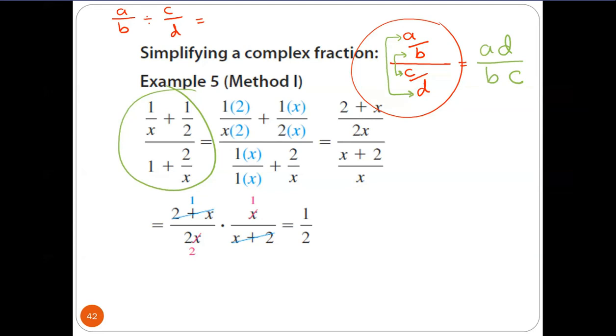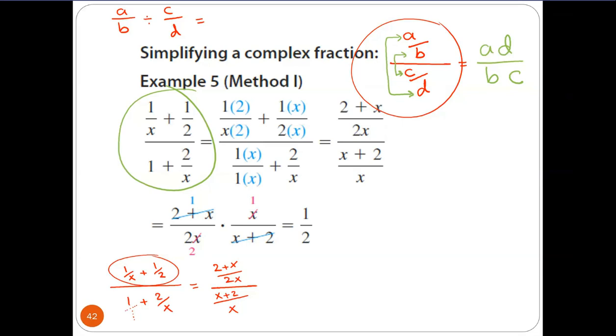If you have 1 over x plus half over 1 plus 2 over x, let's put it as a fraction over a fraction. So x multiply 2 we have 2x, and 1 multiply 2 plus 1 multiply x, adding the two fractions as we learned before. Also here over 1, fraction plus fraction put as one fraction, 1 multiply x plus 2, like this.